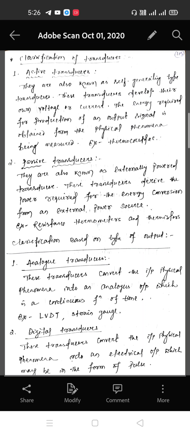Examples are the LVDT, that is linear variable differential transformer, and the strain gauge. A digital transducer means the output will be in the form of digits. This transducer converts the input physical phenomenon or signal into an electrical output, which may be in the form of pulses. So this is one type of classification of transducers.